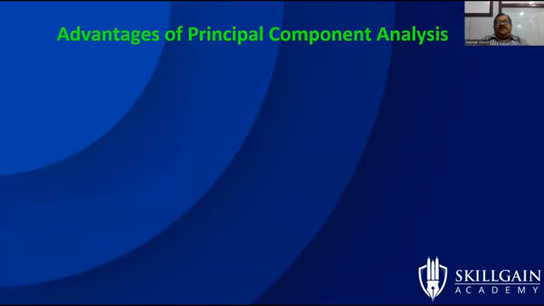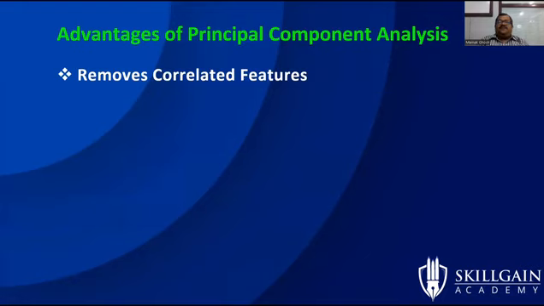Now, what are the advantages of principal component analysis? It removes the correlated features. If the independent features have multicollinearity, then they have their own effect on each other. Principal components remove correlated features; they consider only the independent features.